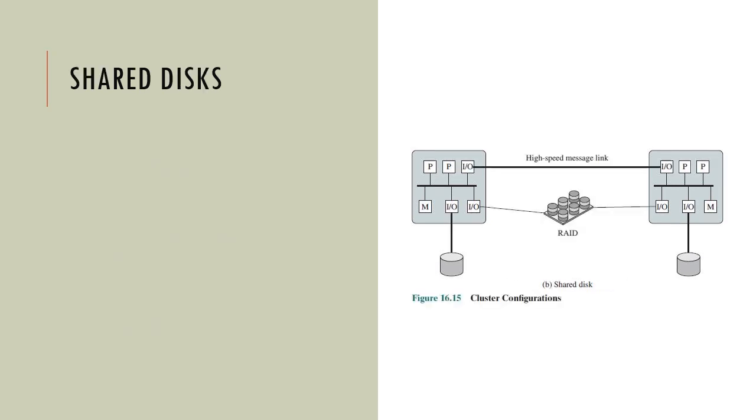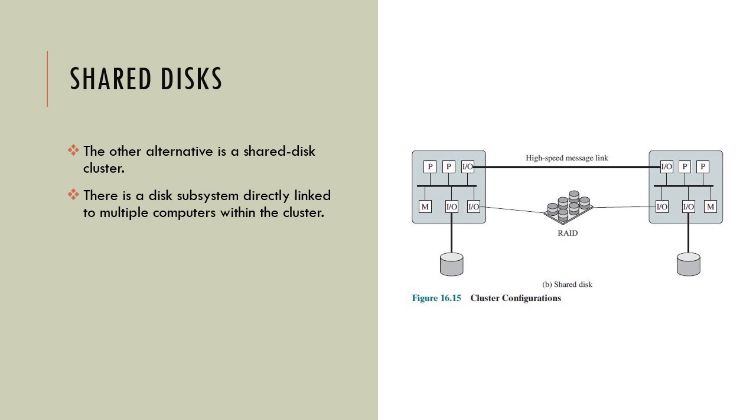Shared disks. The other alternative is a shared disk cluster. There is a disk subsystem directly linked to multiple computers within the cluster. The common disk subsystem is a RAID system.